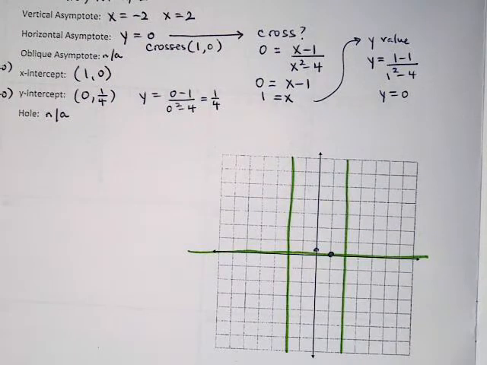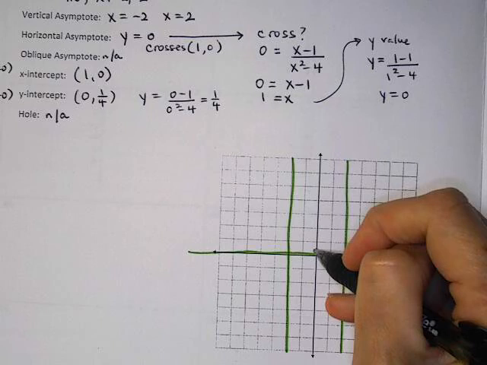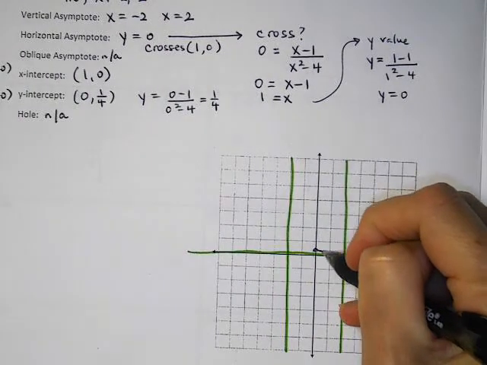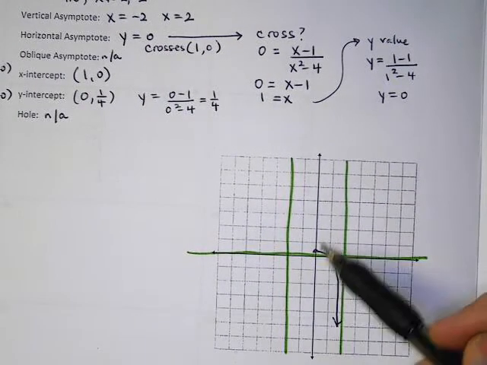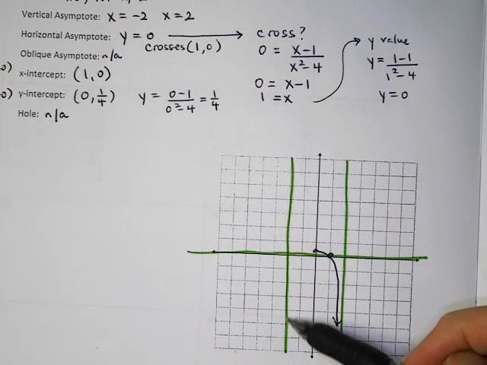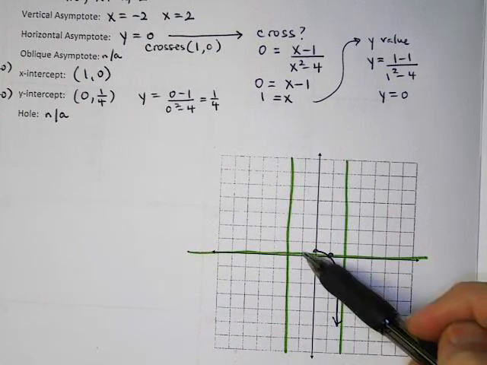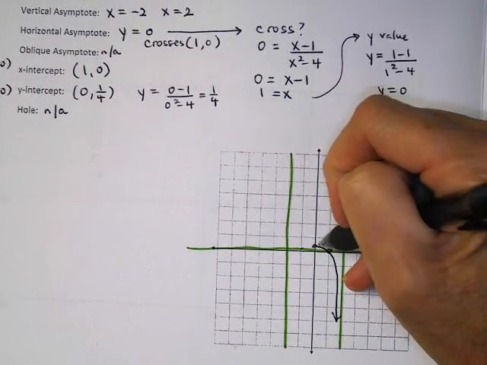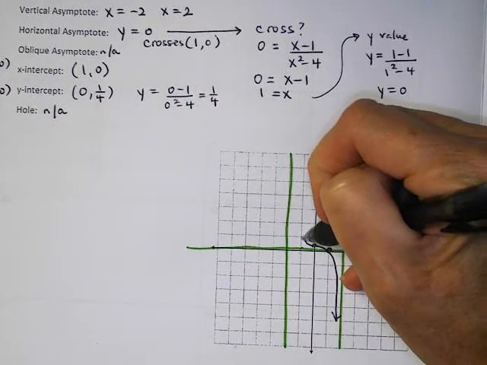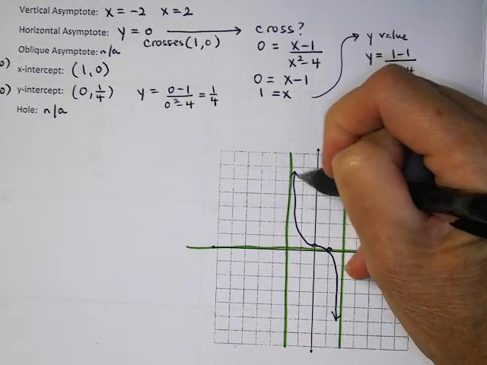And so just with those points, it's probably not enough to complete this sketch. I have to figure out what's happening. So based on the fact that this is coming down, I can pretty much guess that it's going to approach that asymptote there. Now the question is, does it come back down here? Probably not, or I would have had another x-intercept. So the fact that I don't have an x-intercept means it must come up here.